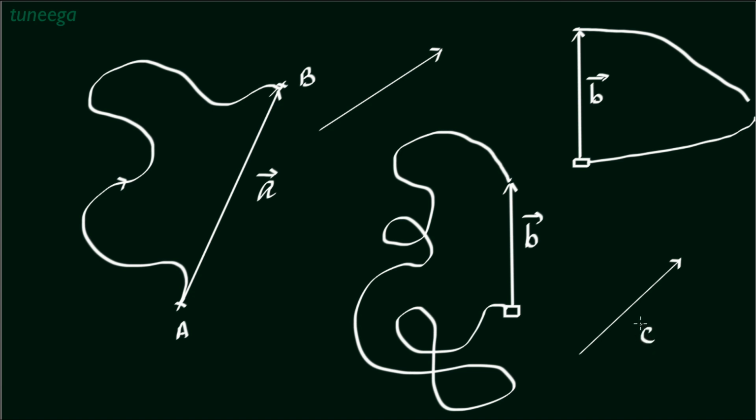If this is vector C, this is also vector C. So the first lesson we learn about vectors is the starting and the ending point are not so important. It is the change that is important. And the change in the position is called the displacement.